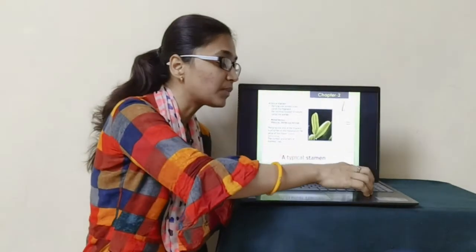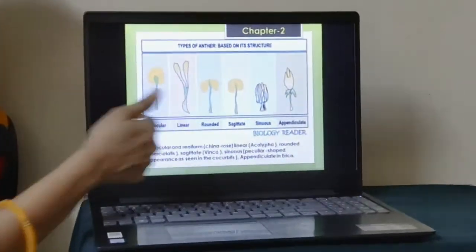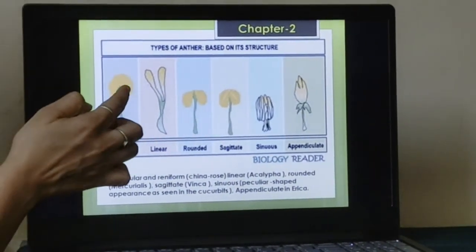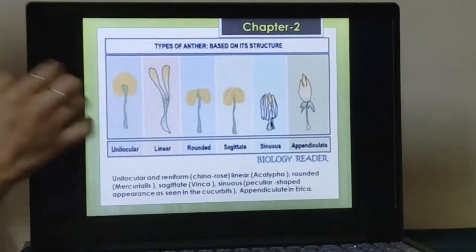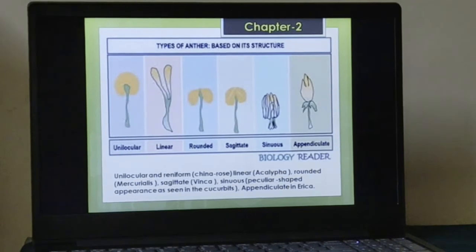Now there are different types of anthers seen generally. Which different types are seen generally in all the flowers? Some are shaped with just one single locule. That is known as what? Unilocular, a single lobe.